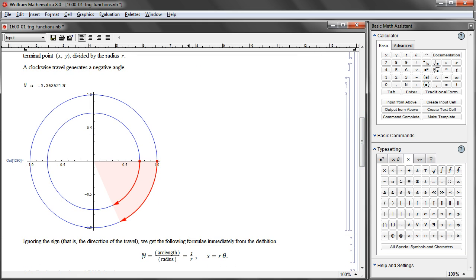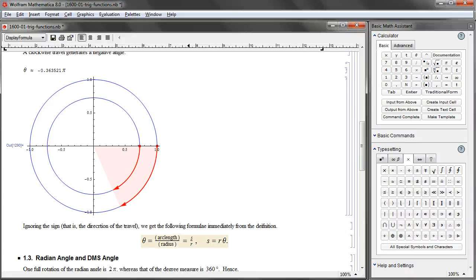So the angle theta as an absolute angle is the same as arc length over radius, or s over r, where s is the arc length of a sector. Now move r to the other side, then we have this formula here: s is equal to r theta. We can find the arc length of a sector by multiplying the radius and the angle, if the angle is radian measure. Neat. And remember this formula, please, because we're going to be using it later on.